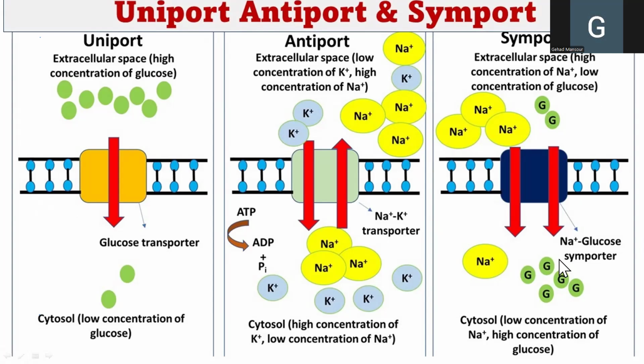So this requires energy. This should be an active process. How do we get this energy? We get this energy from the transport of sodium ions at the same time. But if you look here, you will find that the concentration of sodium outside is higher than the concentration inside.